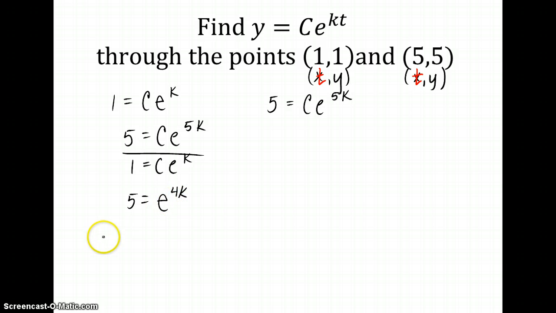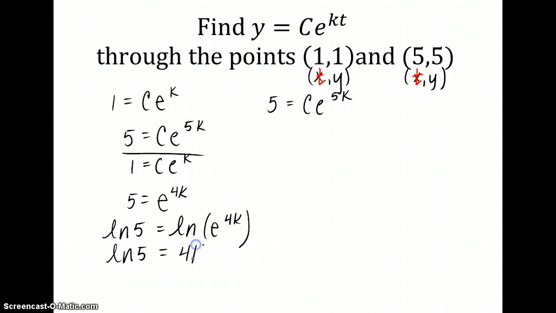Now if we wanted to solve that for k, take the natural log of both sides. We get ln of 5 equals 4k, and then solving for k. Alright, so now once we have k, you have to plug in to solve for c. And I'll approximate this decimal. So now from here, once you have the value of k, plug it into either of the functions.